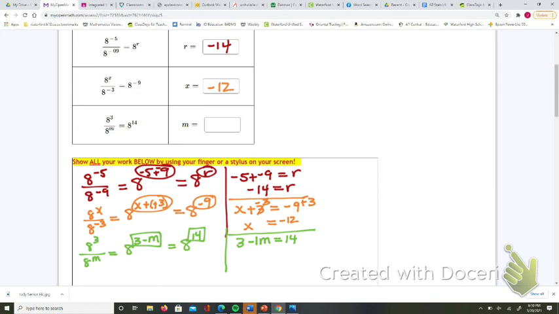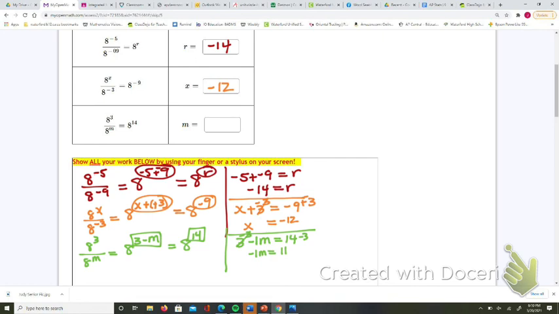Remember that you always have to undo the addition first. So it's being multiplied by negative 1 and then added by 3. So we have to minus 3, because we always have to undo the addition first. 3 minus 3 is 0, so we have negative 1m equals 14 minus 3, which is 11.